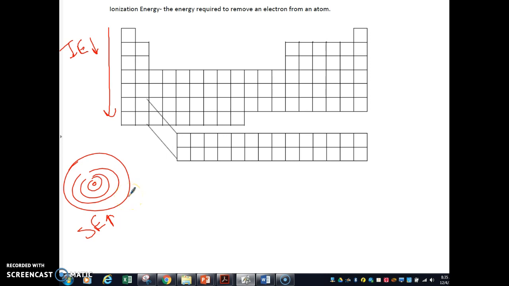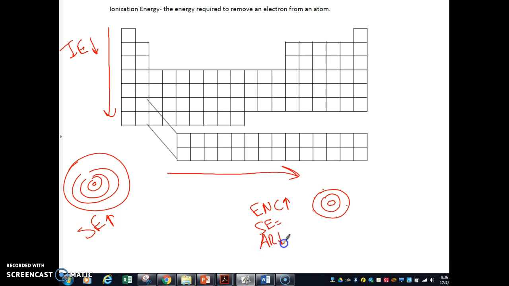So it ends up being easier to take an electron away from the nucleus when it's farther away and it's being shielded. Now as you go left to right, the effective nuclear charge is increasing, and that has to do with the shielding effect remaining the same and the electrons being added to an existing energy level. Right? That's why the effective nuclear charge increases, and that's why the atomic radius decreases.